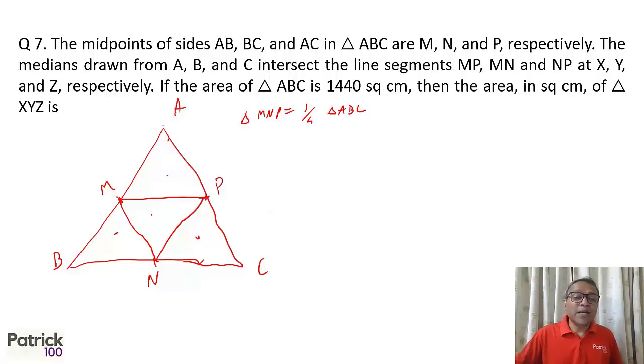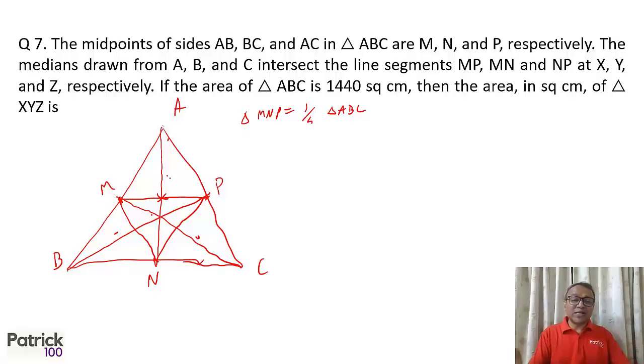Now we are drawing the medians out here. So this becomes the midpoint of MP. Why the midpoint of MP? Because of symmetry. The left side is symmetrical to the right side. If you look at an equilateral triangle, it's the midpoint.